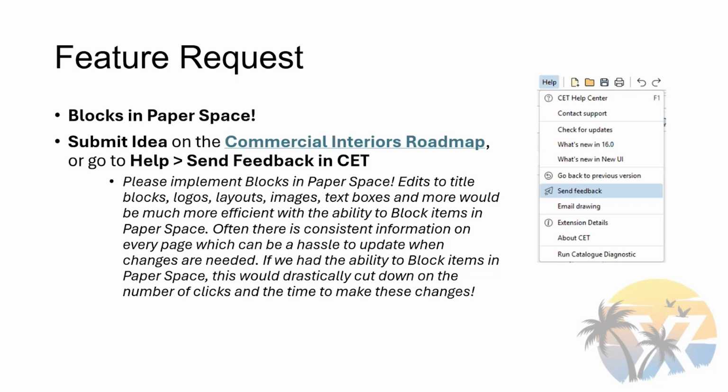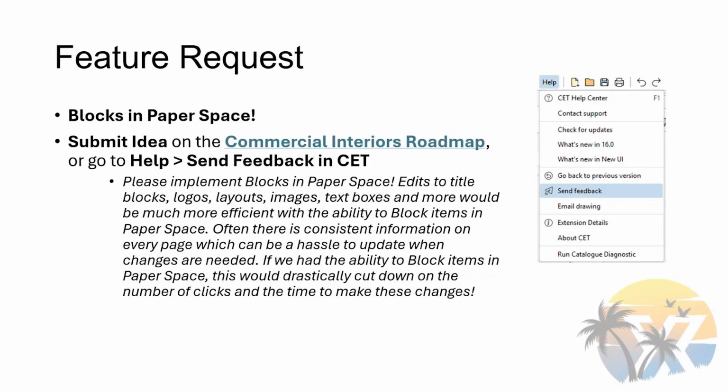Now I have to go to maybe 5 to 10 pages and update that image, double click, find it in my files, wait for that to load, and then also change the description of it from oak to walnut. Now imagine if we could have that in a block. I could simply update it once, and then it would change on all of those papers.